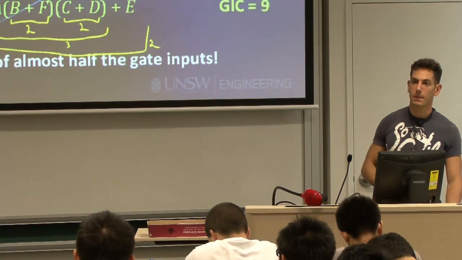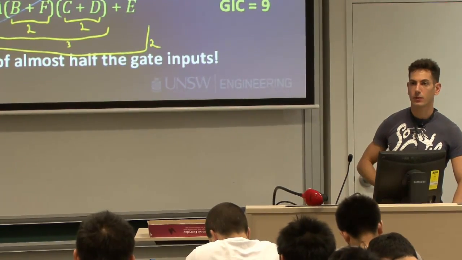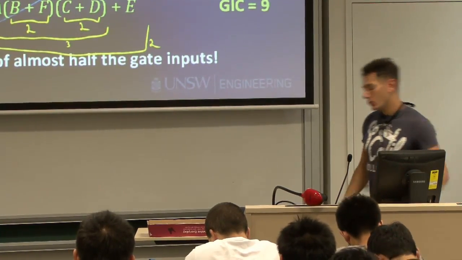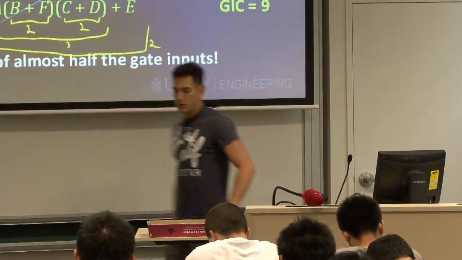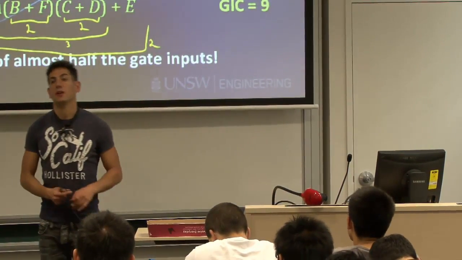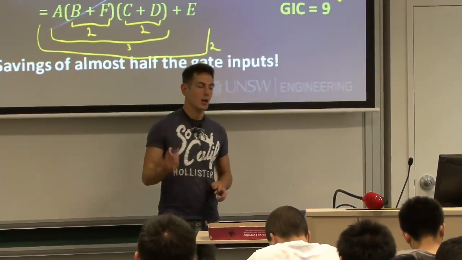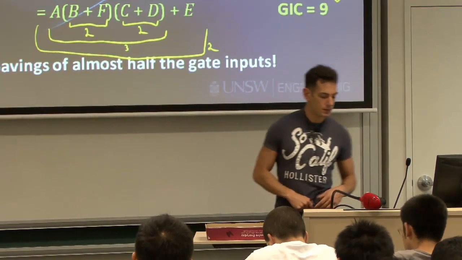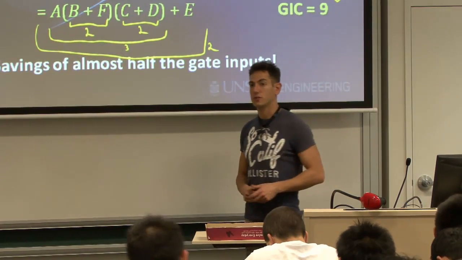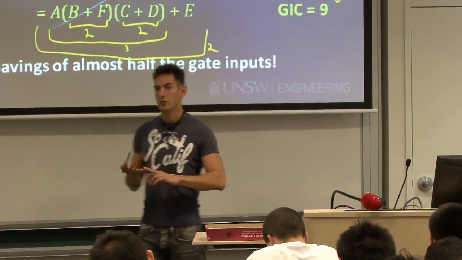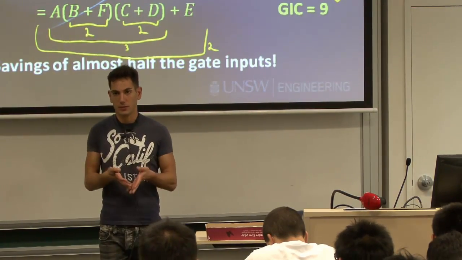Well, what would minimizing the gate input cost actually save you in a circuit in terms of power? So gate input cost is usually a good indication of the number of transistors you have. It's not a one-to-one mapping, but it's a good indication. When you minimize the gate input cost and therefore the number of transistors, you're saving, first of all, space on the chip because you need fewer transistors.